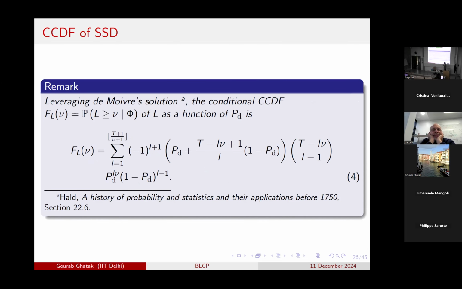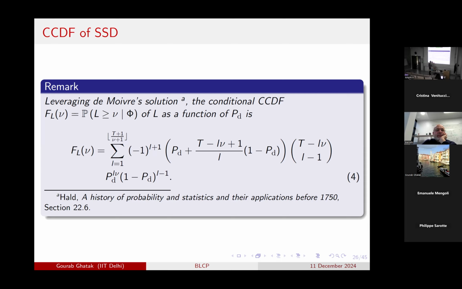Now, this is the part which we discovered. We tried to do this for some time. It was becoming a bit more complicated, but we kind of re-derived an expression which existed for more than 200 years, I think. It's an exact result of the probability that the successive number of heads exceeds nu in a sequence of t tosses.